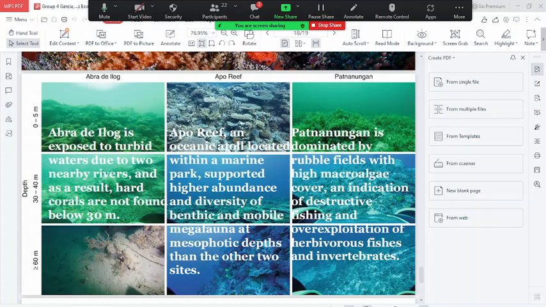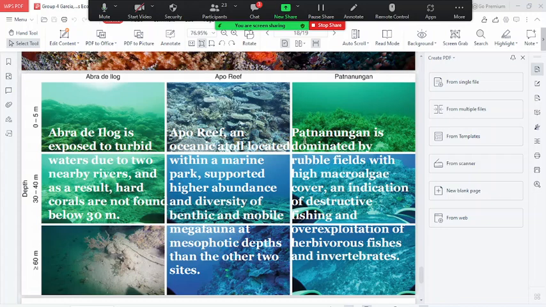Abra de Ilog is exposed to turbid waters due to two nearby rivers, and as a result, hard corals are not found below 30 meters. Apo Reef, an oceanic atoll located within a marine park, supported higher abundance and diversity of benthic and mobile megafauna at mesophotic depths than the other two sites.